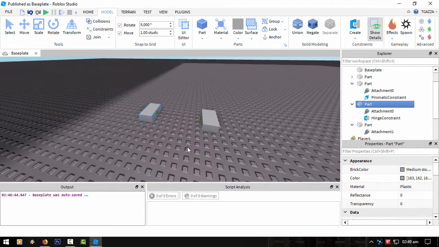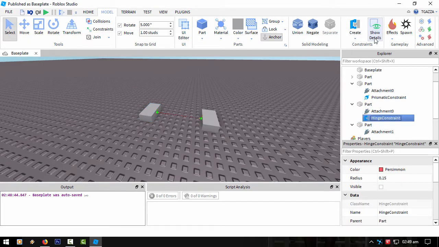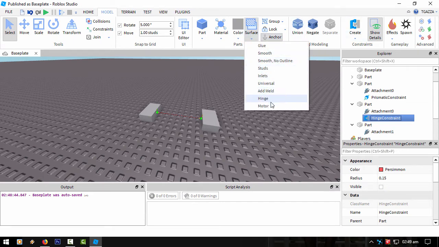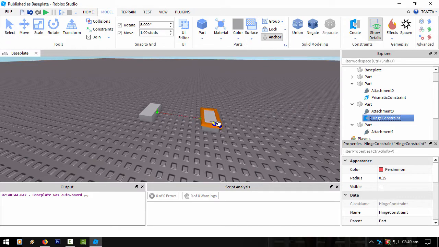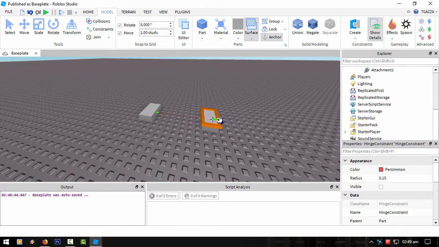If you want to rotate the part like a normal motor, like a surface motor, like where is it? This thing. You can also use the hinge as a motor, and you've got a lot more control on it rather than going through the part's properties.